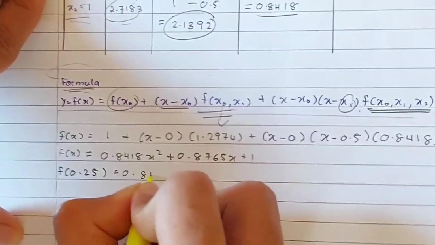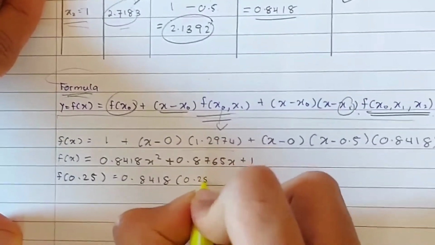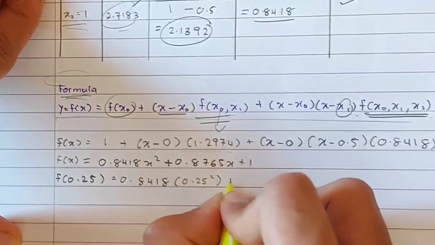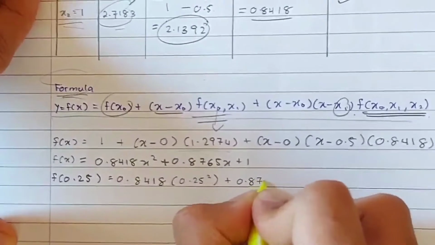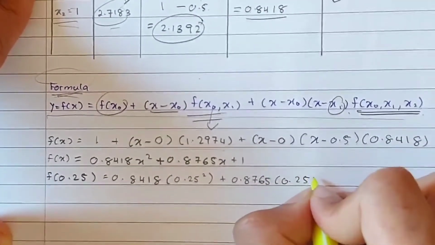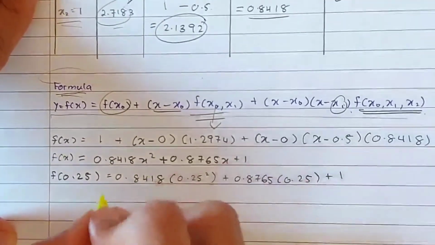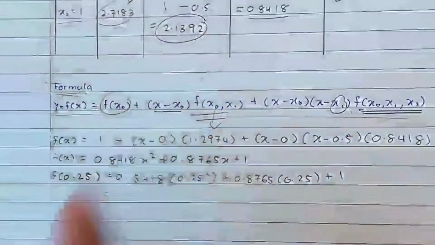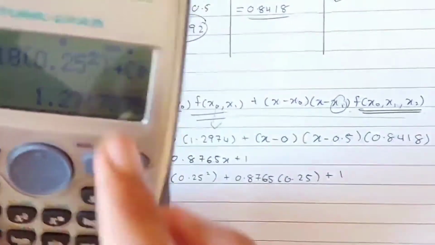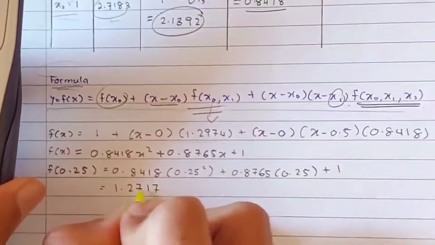So we substitute the value of 0.25 into the general equation, and then we obtain 1.2717.